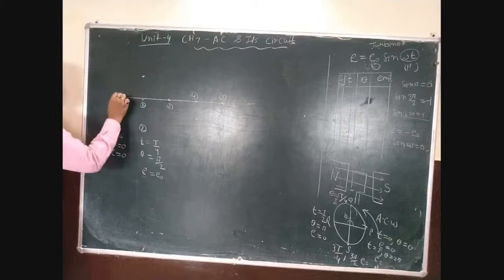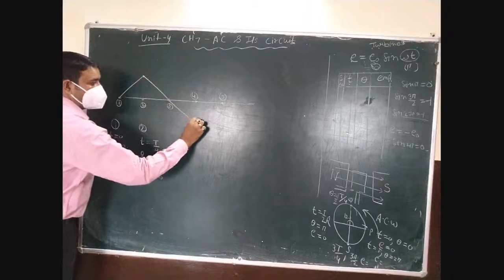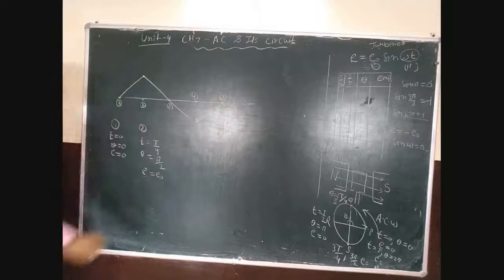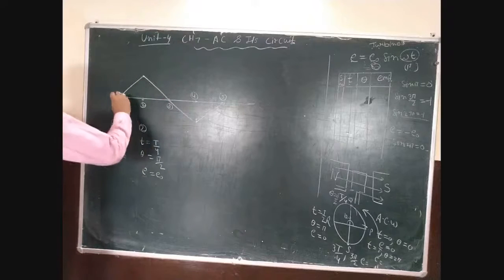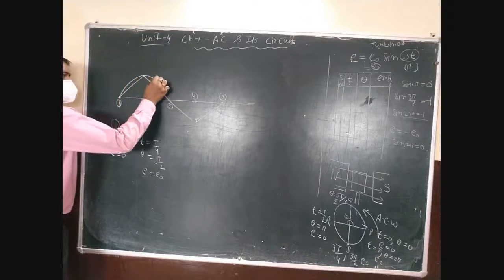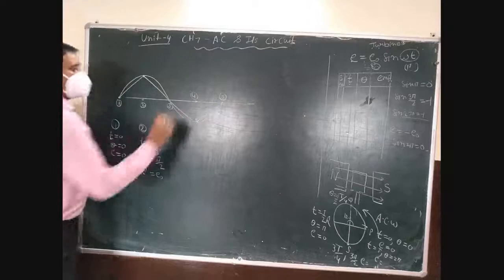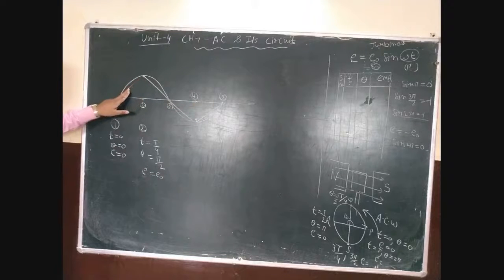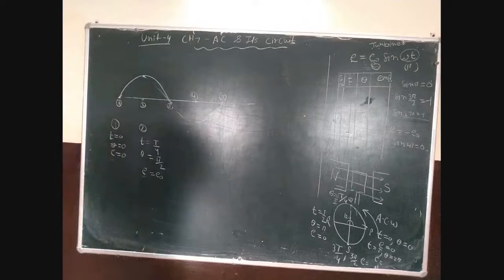when we join these points, we get this form of this EMF, and we use a smooth curve, so this is the actual path of the induced EMF due to the time varying field.